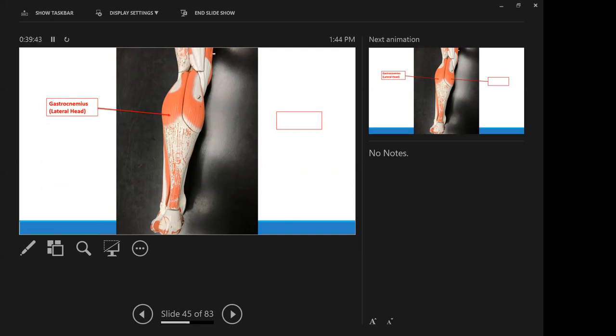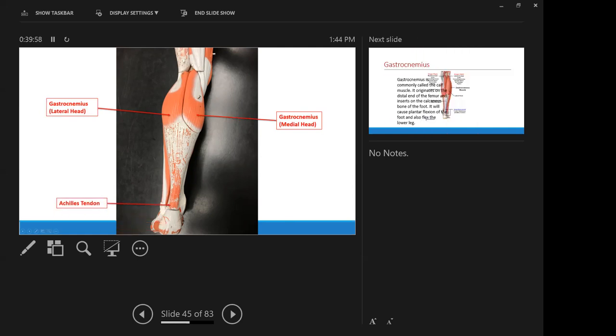It inserts on the calcaneus bone of the foot by way of the Achilles tendon. There's the lateral head, there's the medial head. There is the Achilles tendon inserting on the calcaneus bone right there.